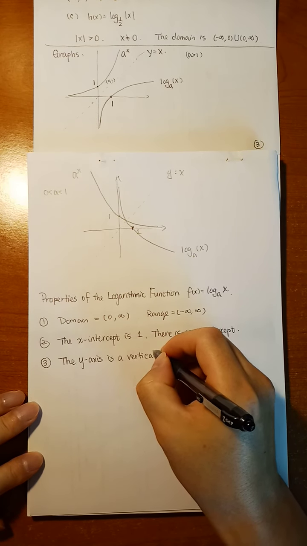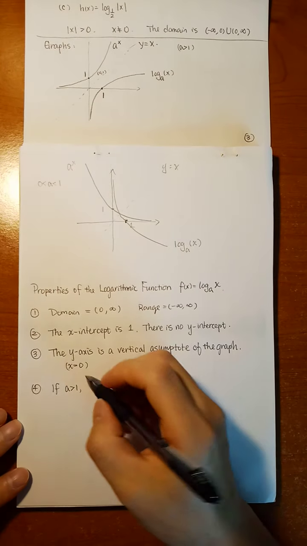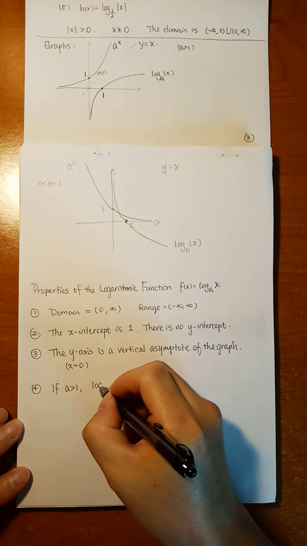Okay? 4. In property 4, we have to distinguish the values of a. So if a is greater than 1, it's an increasing function. The logarithm to the base a of x is increasing.